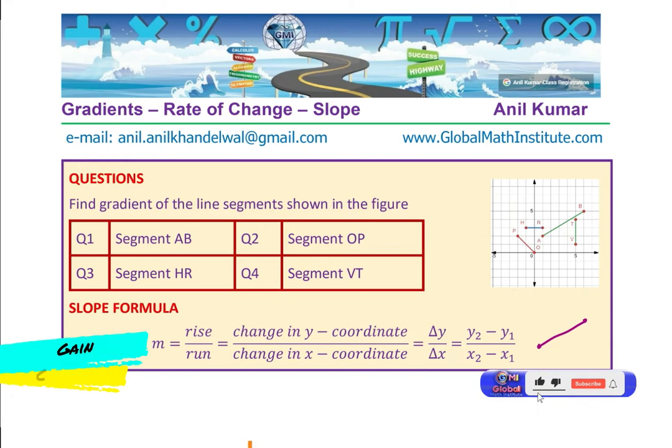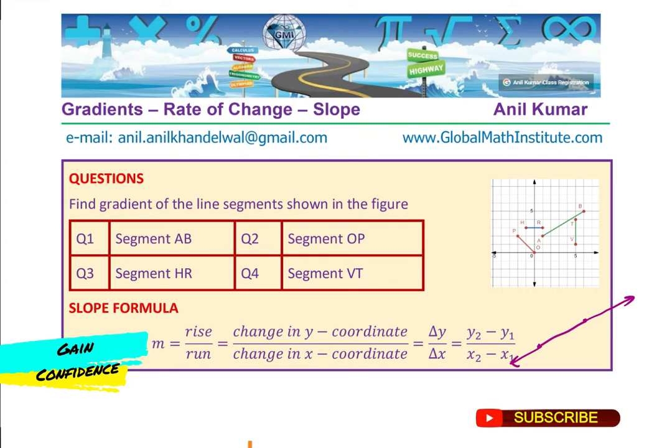However, even if I extend this particular segment, it becomes a line, right? You see that the gradient of this segment, which is contained in a line, is same as the gradient of the line also. But if you are given a line, you need to identify at least 2 points to find the gradient. So either way it works.